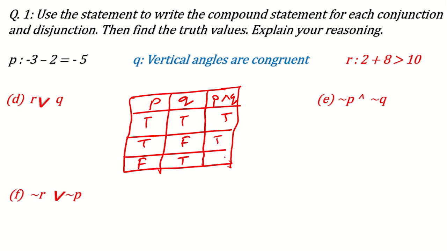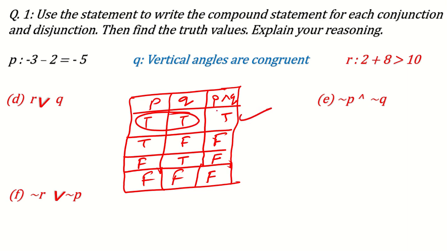First is false, second is true, then it is false. And if both are false, then the conjunction will be false. Okay, so conjunction will be true when both values are true. Only then it will be true, otherwise it will be false.